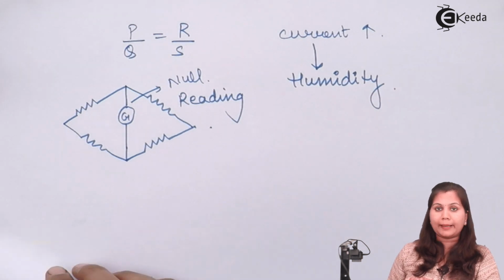Next comes the capacitive hygrometers. In the capacitive hygrometers, the changes in the humidity cause changes in the capacitance.